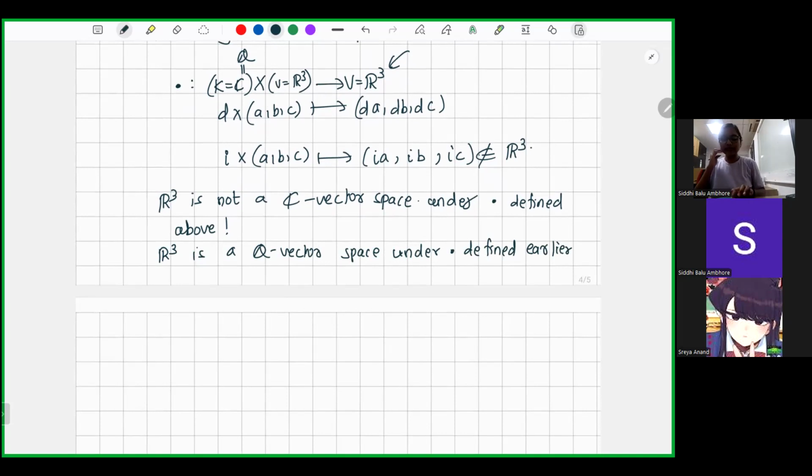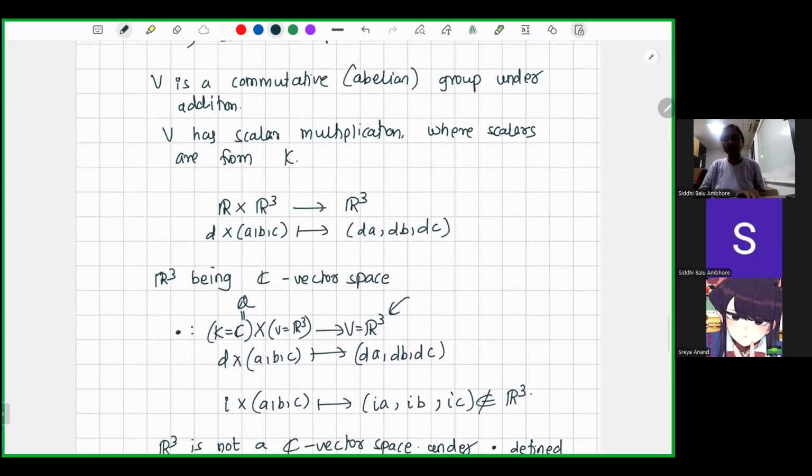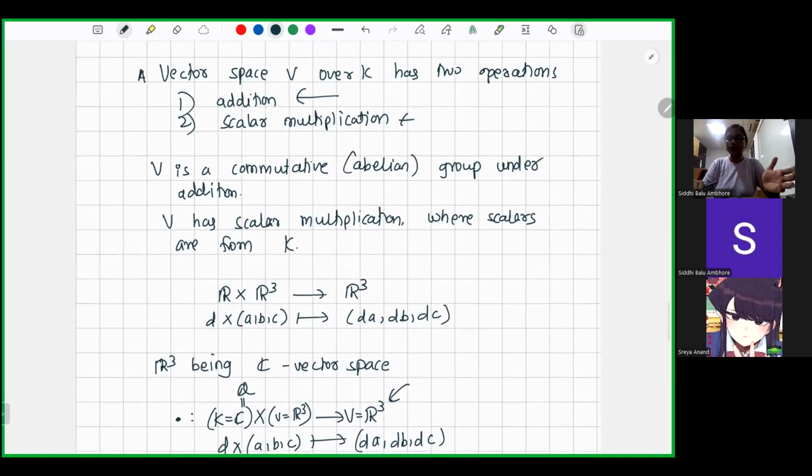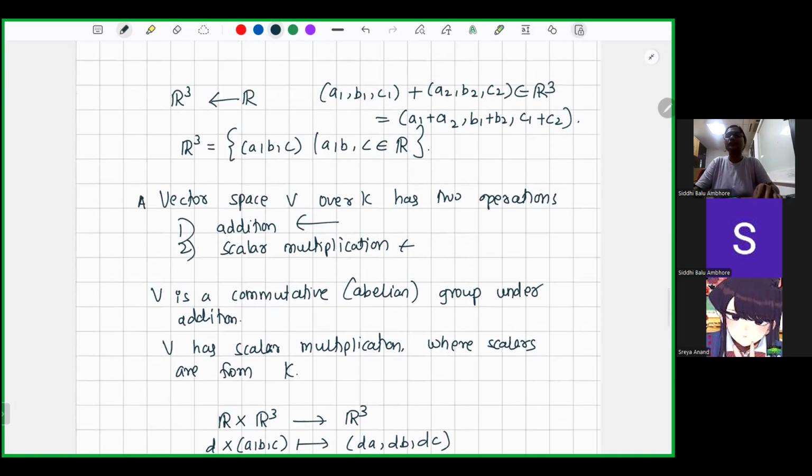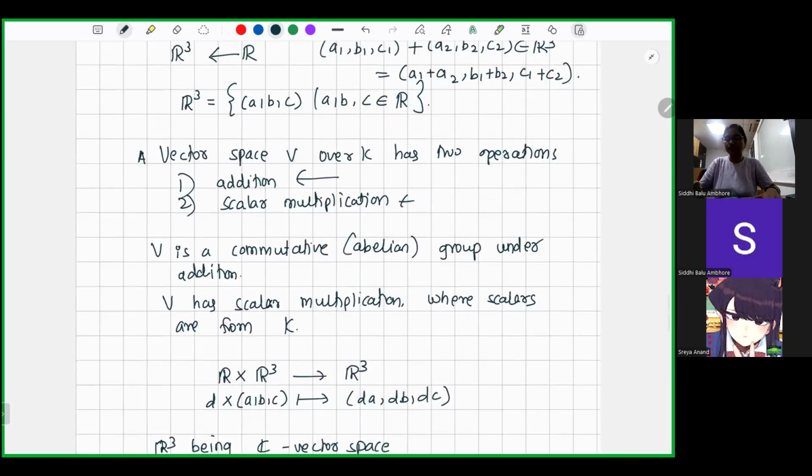So when we say V is a vector space over something, that field we only need for scalar multiplication and to look at the span and everything. The essence of the field being there is for scalar multiplication. The addition follows all the properties of a group, and yes, that's it.